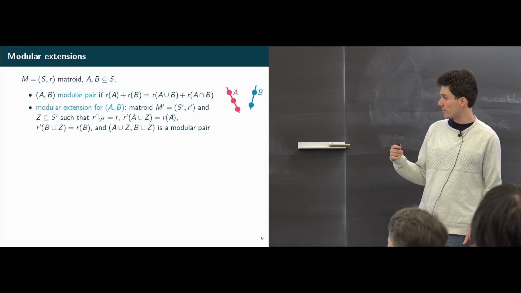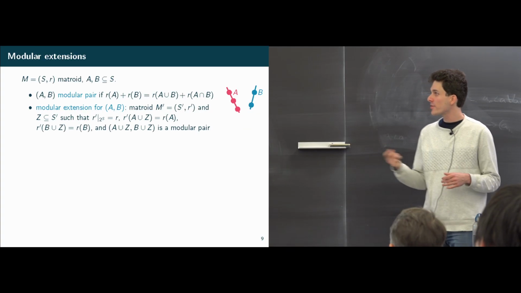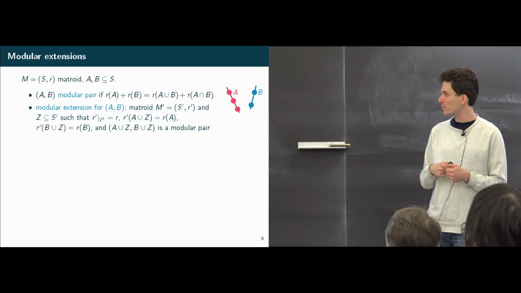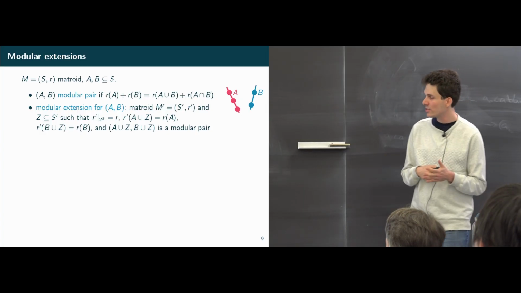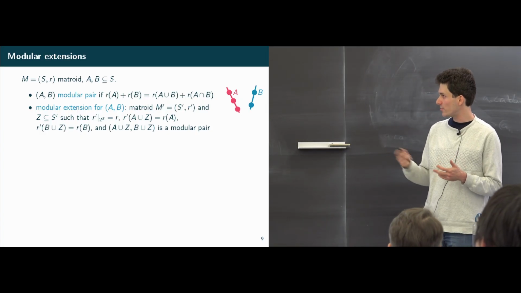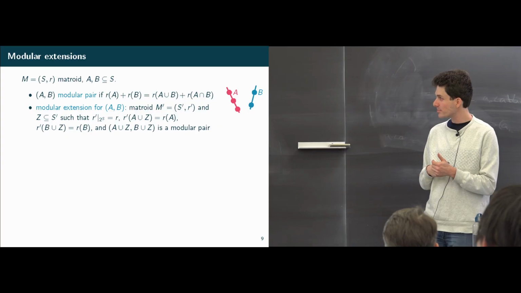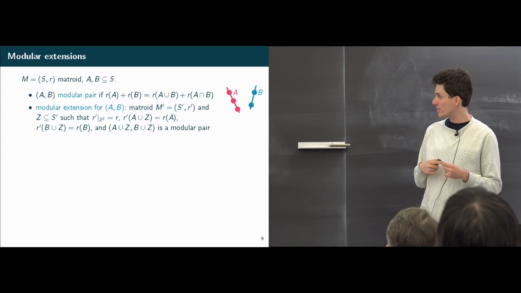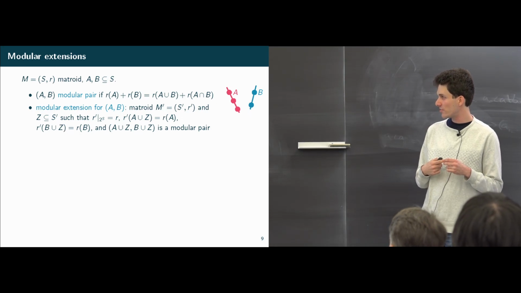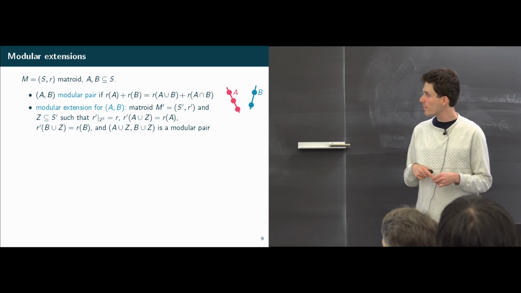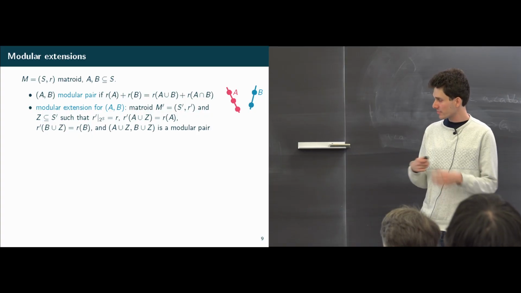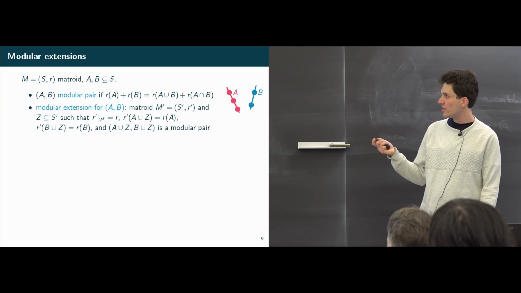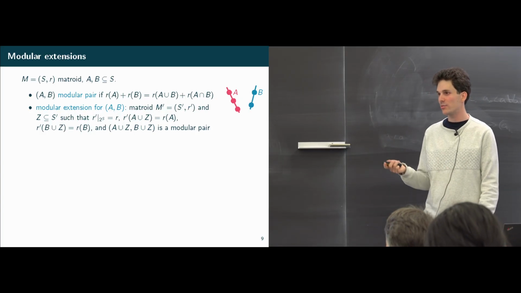And it is a necessary condition, again, for representability, that for any pair there exists a modular extension. By this we mean that if we have two sets which do not yet form a modular pair, so we have strict inequality in the submodularity, then this extension says that we have some larger matrix that extends our original matrix and some set Z, such that this Z is spanned by both the original two sets, and if we add Z to these two, then it is a modular pair.